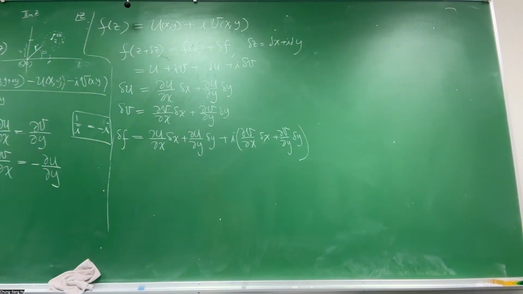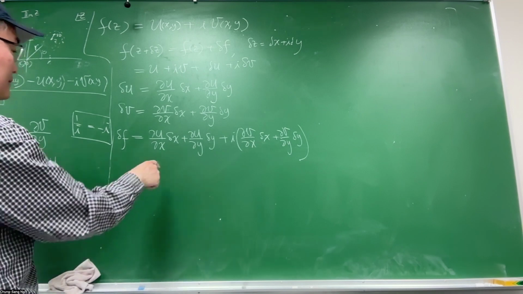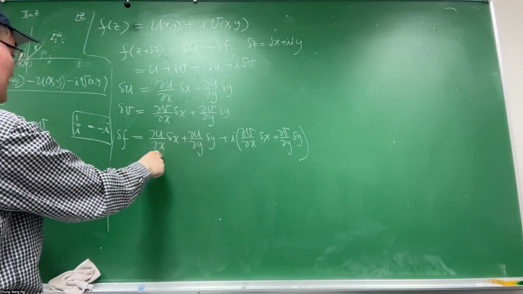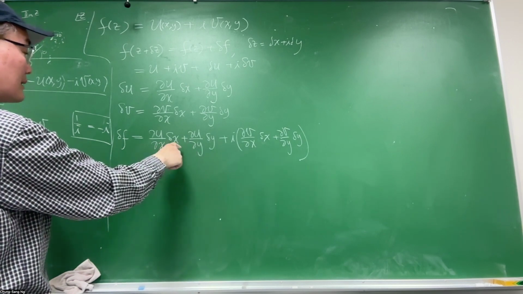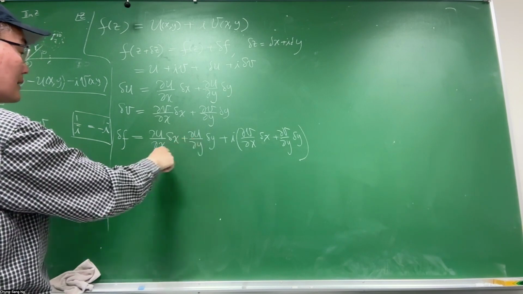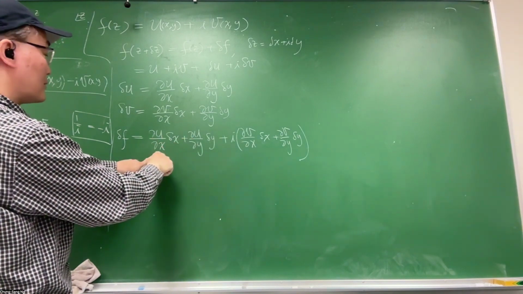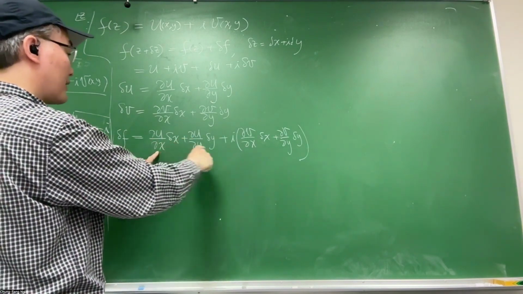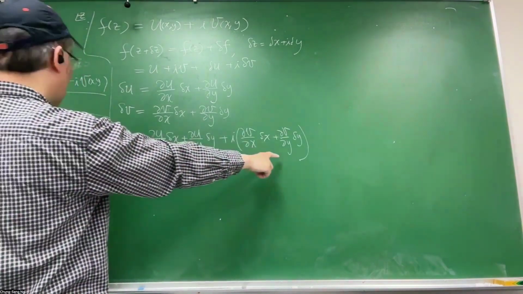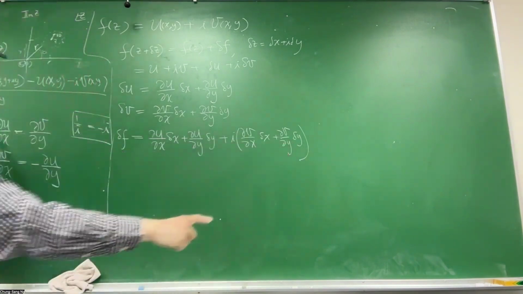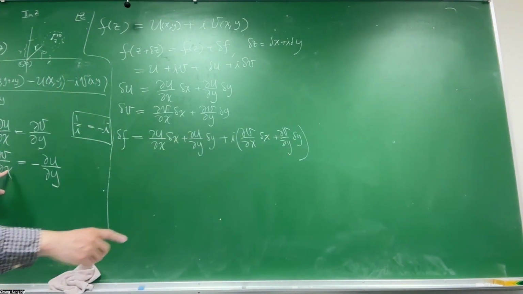And the idea is now you can substitute the Cauchy-Riemann condition, right? So you have partial u partial x, and you want another partial u partial x here, and partial v partial y can be substituted with partial u partial x.